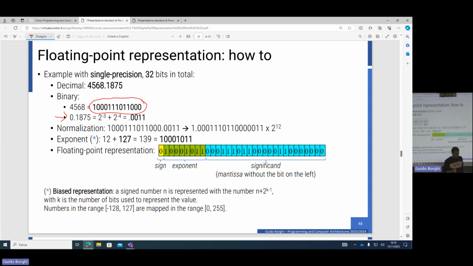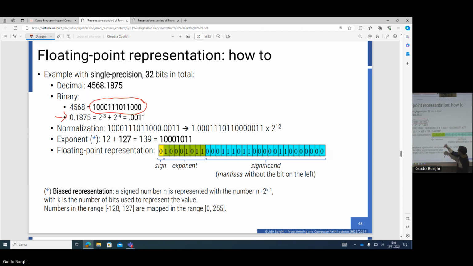Then we have to apply the normalization procedure on the whole number you create. You create this number by merging the integer part and the decimal part using the decimal point, of course.